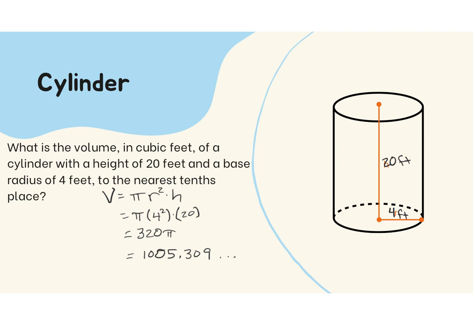We're rounding to the tenths place, so I'm going to look at the hundredths spot, which is a 0. So I can just round it down to 1,005 and 3/10. And then I need my units, which are feet, and volume is 3-dimensional, so feet cubed.